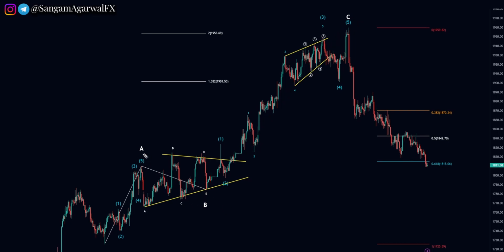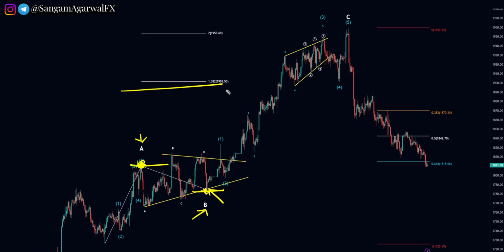And understanding of all of these waves, this top where wave A is ending and this low where wave E is ending, that means where corrective wave B is ending, is extremely important, because without understanding these waves and these lows and highs, you cannot use the extension tool.